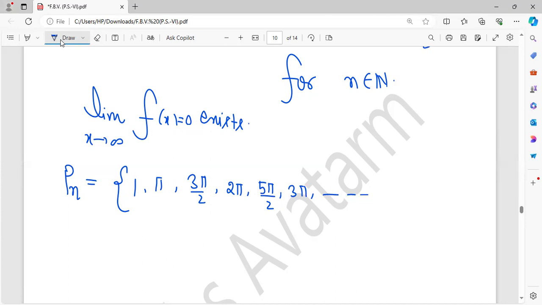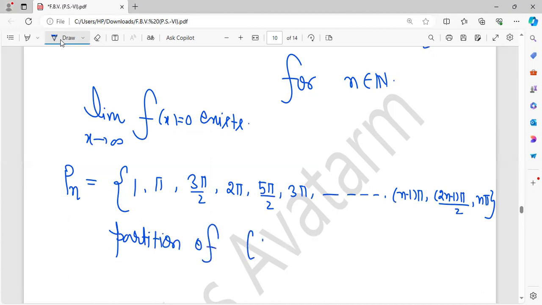Like that it will go, up to (n minus 1)π, (n minus 1)π/2, and the next one is nπ. This is a partition of [1, nπ].